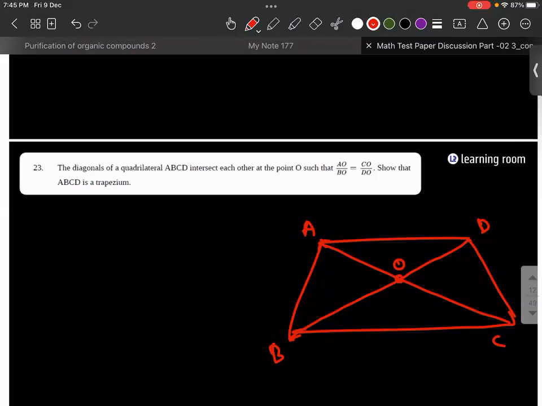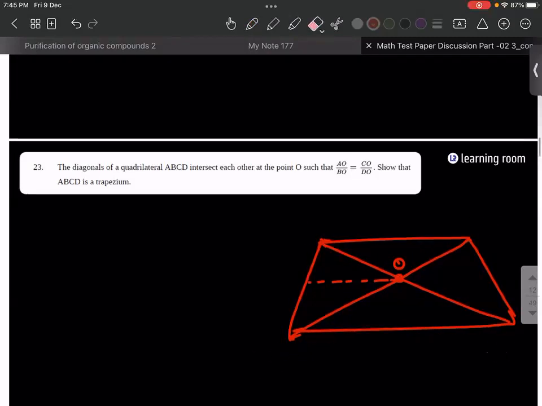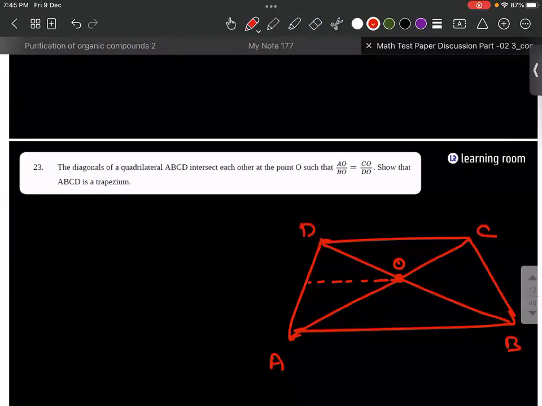Such that AO by BO... I took ABCD with A at bottom left and went anti-clockwise. AB was bottom and CD was top. Do you want to take it like this?